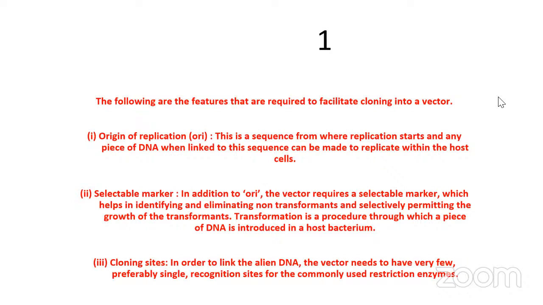In addition to the origin of replication, the vector requires a selectable marker which helps in identifying and eliminating non-transformants and selectively permitting the growth of transformants. Transformation is a procedure through which a piece of DNA is introduced in a host bacteria. And the third one is the cloning site. In order to link the alien DNA, the vector needs to have a few, preferably single, recognition sites for commonly used restriction enzymes. Thank you, Kanchana Raj.